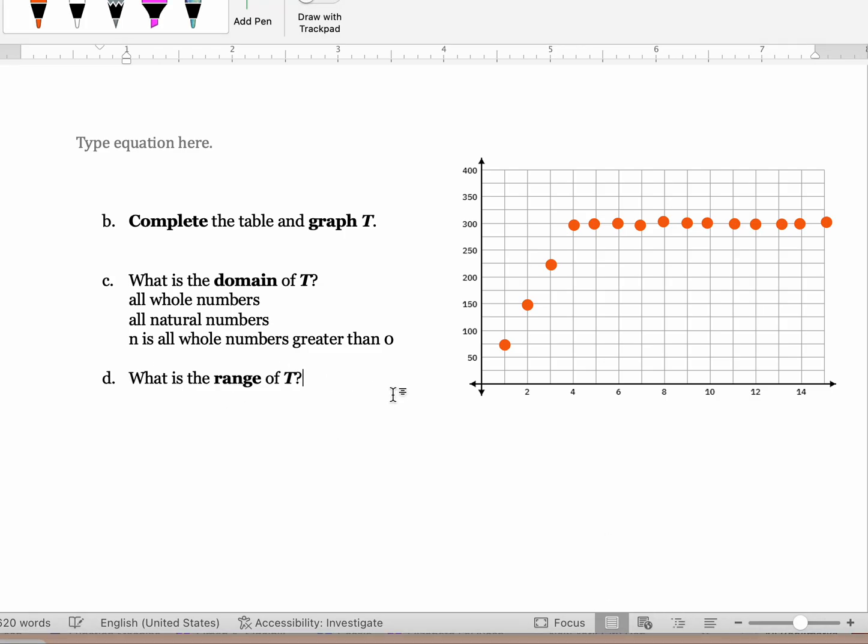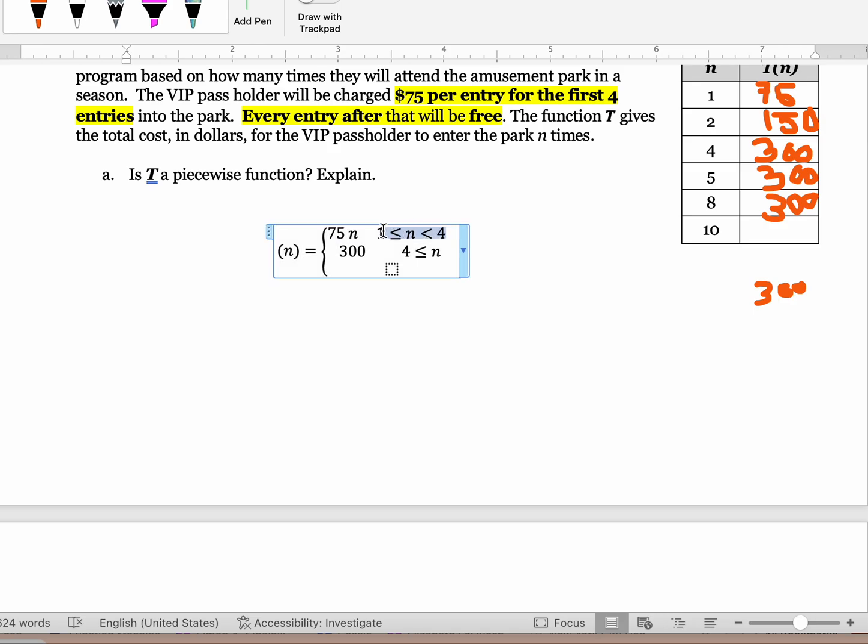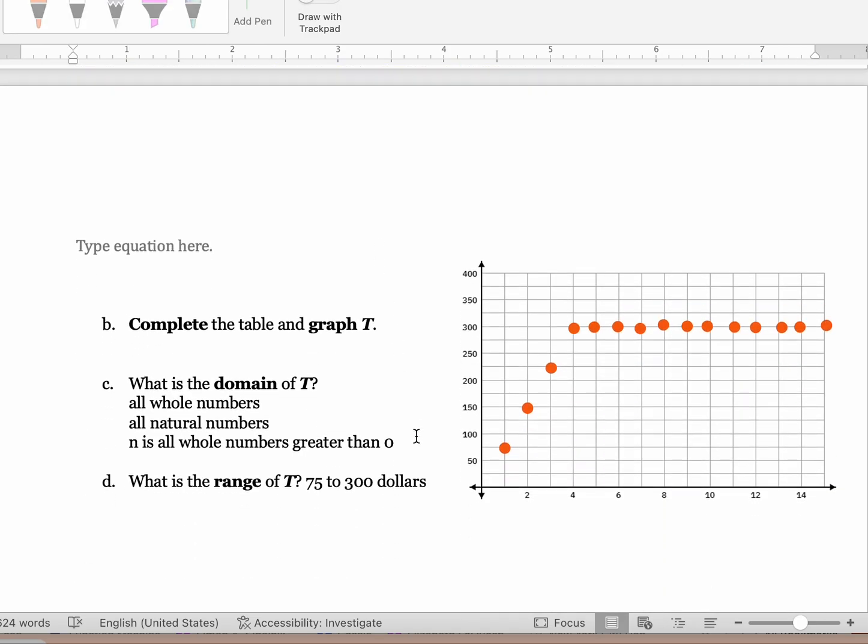Okay, the range. So your range is from $75 to $300. And you could say T, and I like using these little symbols, in intervals.